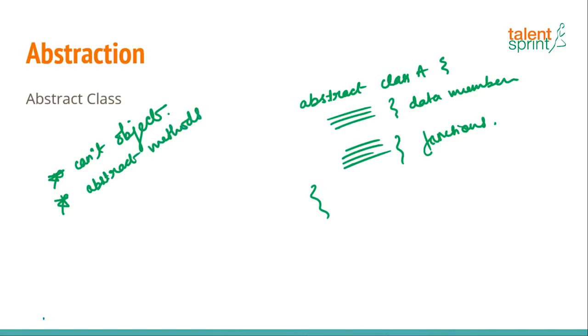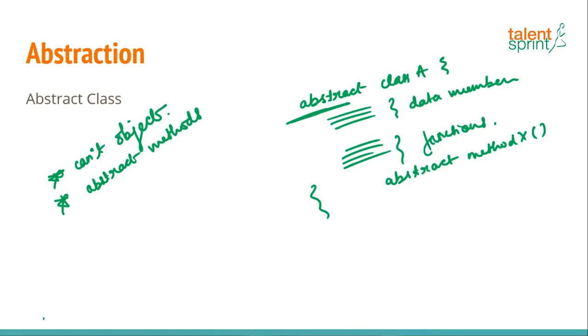So any class that has an abstract method has to be an abstract class, right? But the other way around is not necessary. A class can be abstract, doesn't mean that there has to be any abstract method inside the class. But if there is even a single abstract method in the class, you definitely have to make that class abstract.